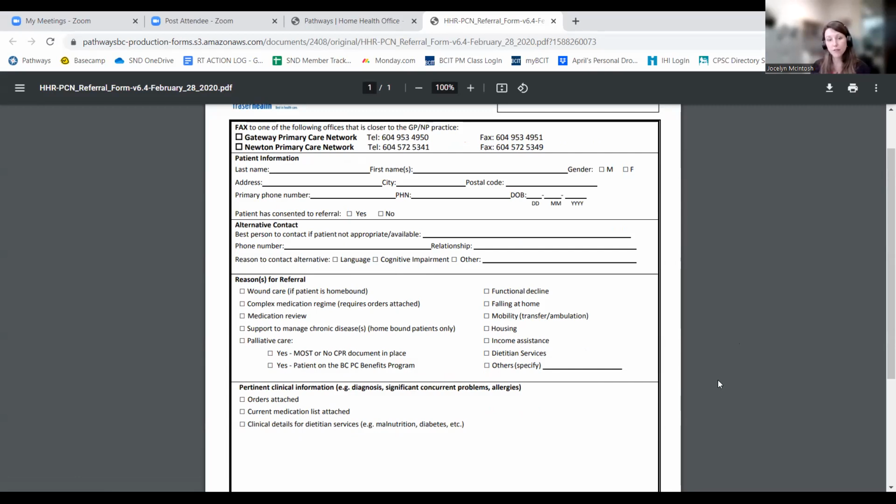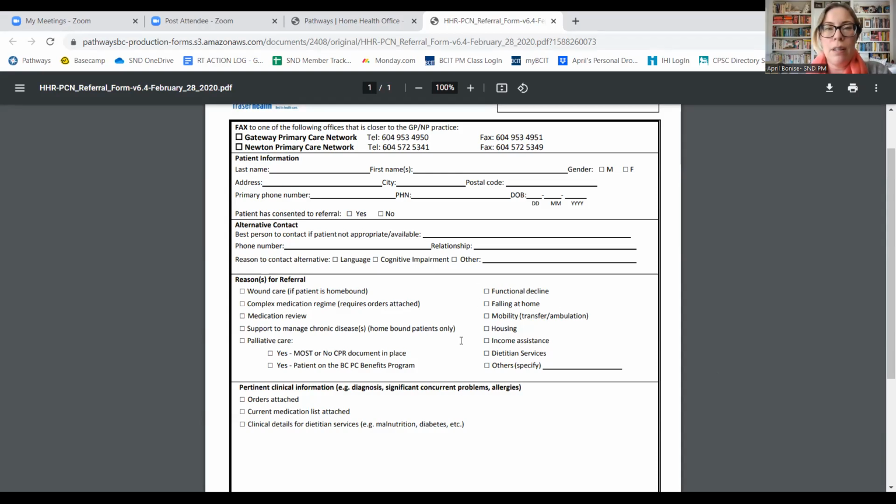Of course, if the patient lives outside of Surrey-North Delta, if they live in White Rock or Langley, you cannot use this form because you're not referring to Surrey Home Health. If they live in a different community, you would still be referring through the generic home health service line referral pathway. This is just for Surrey, and it's just meant to expedite and reduce any barriers that may be found when referring through the service line.